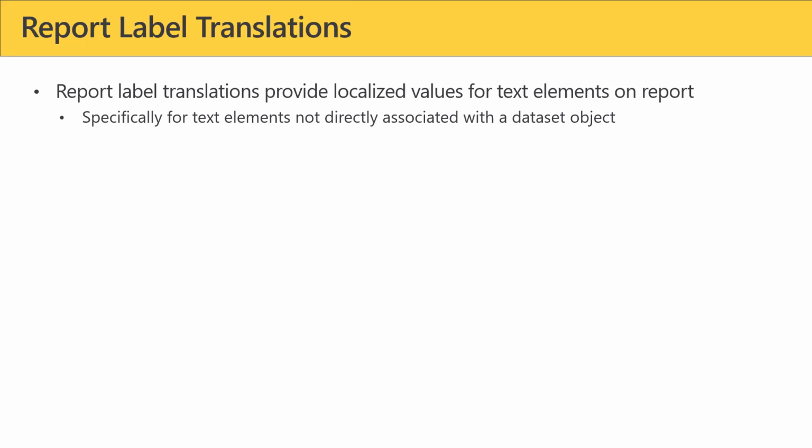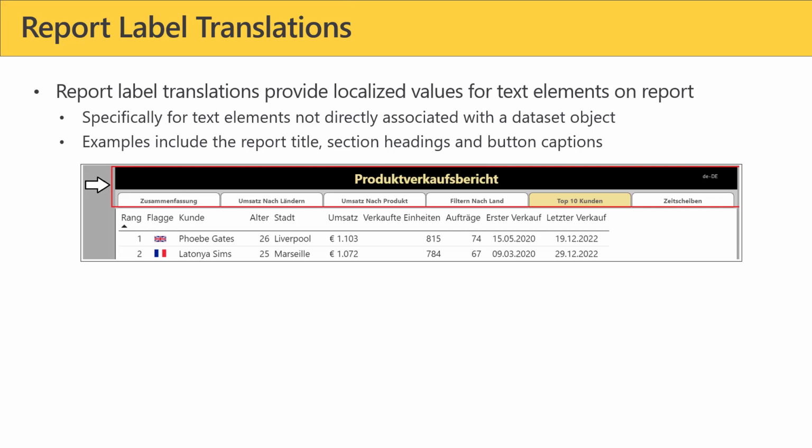Now, let's look at an example of report label translations. Now, remember, report label translations are there to provide localized values for text elements on a report when that text is not directly associated with a dataset object. So examples of that would be the title of a report, any type of section heading, and obviously the navigation button captions that we have.